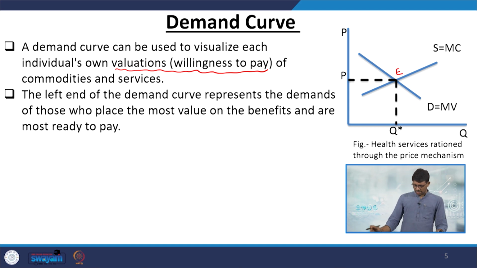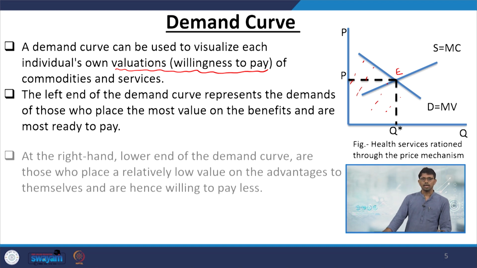As I have already discussed in the very first week of the module on demand and supply of healthcare, here we are reiterating the structure in terms of the benefits received. When we are saying demand curve, the left portion basically defines who places the most value on the benefits and how much they are ready to pay.